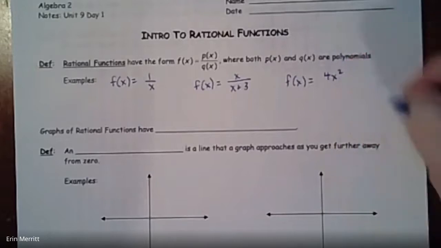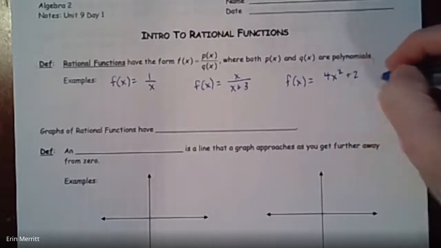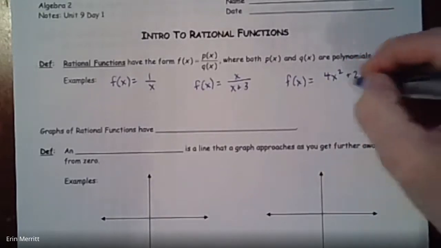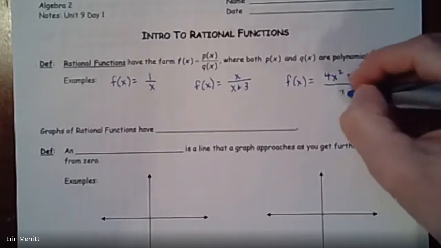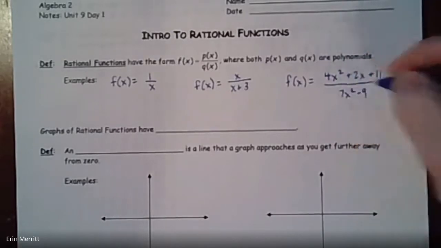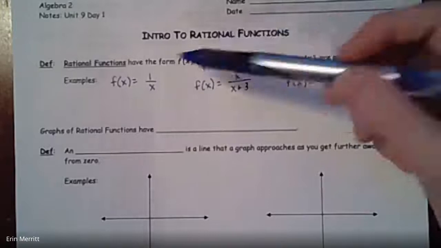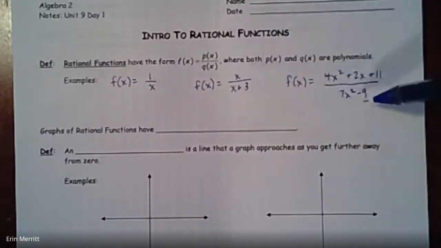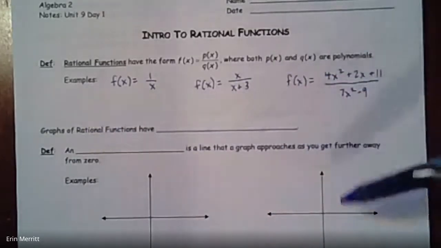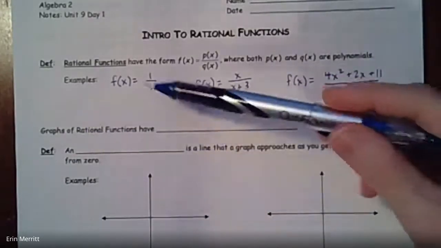So there's all sorts of different examples, like 4x squared plus 2x plus 11, all over 7x squared minus 9, whatever. So you can have any type of polynomial in the top and the bottom, as long as, of course, the denominator isn't 0.